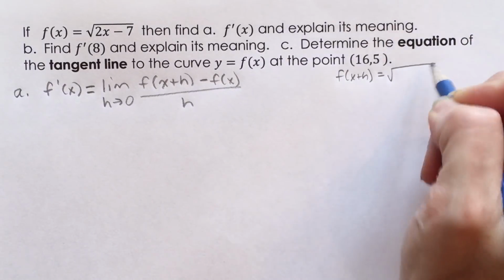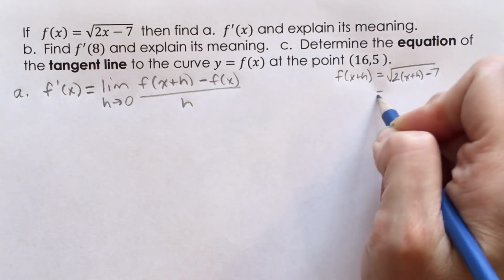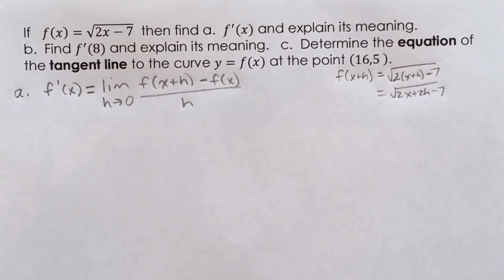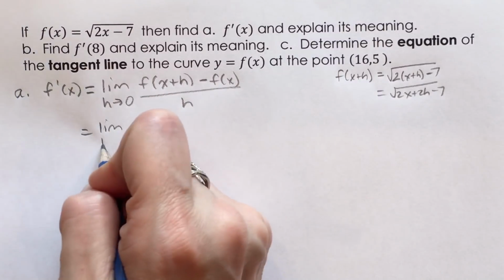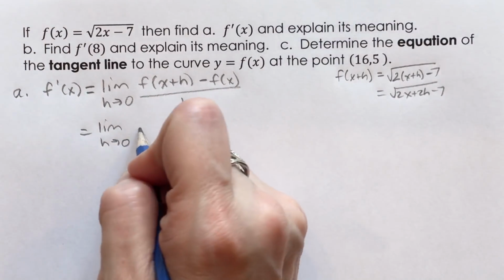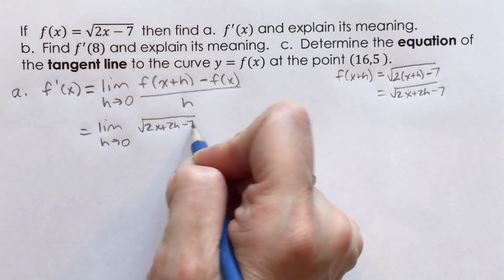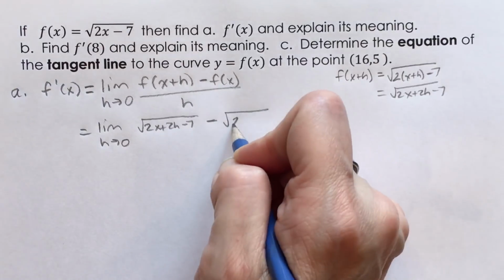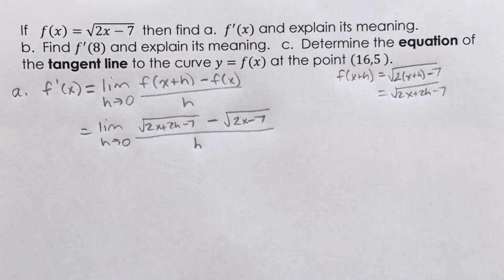So it's going to be the square root of 2 times x plus h minus 7, or the root of 2x plus 2h minus 7. So then we can substitute in here the limit as h approaches 0 of square root of 2x plus 2h minus 7 minus f at x, which was defined to be the square root of 2x minus 7, all over h.